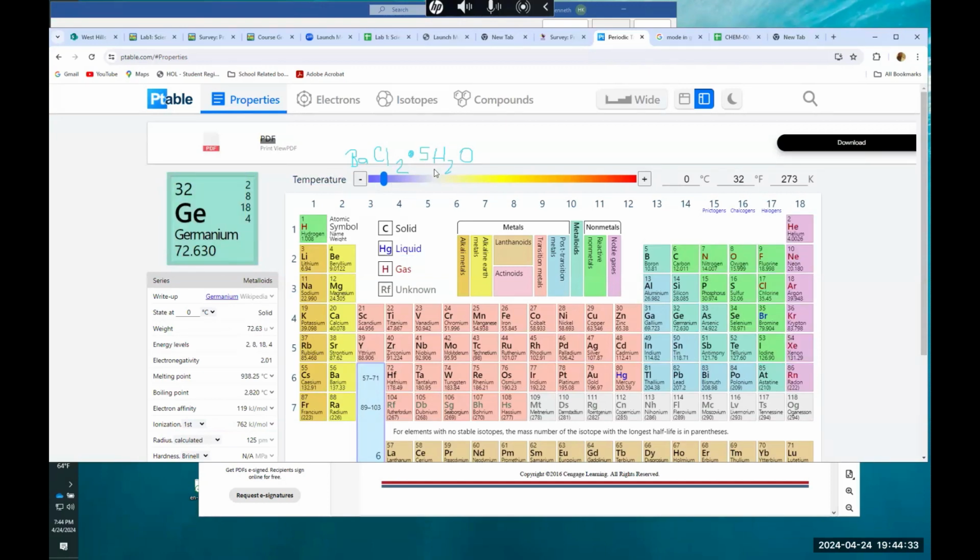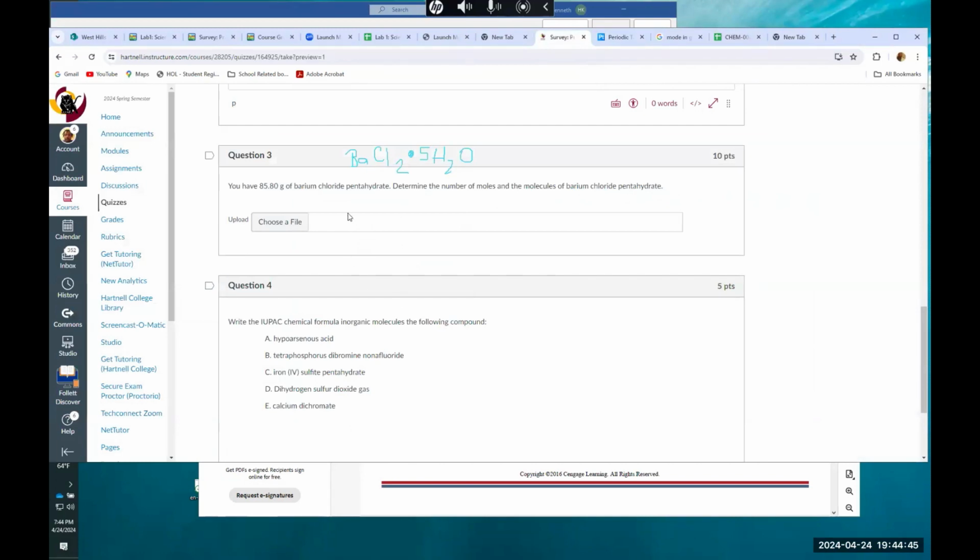And when we talk about hydrates, that's water. Okay. So we have barium 2. Now all we have to do is go to the periodic table and figure out our masses, right? I got ahead of myself.